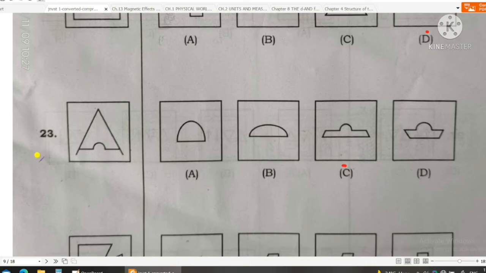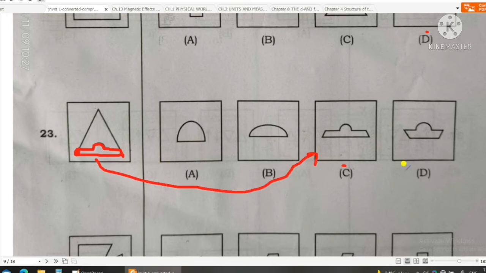Next, question number 23. Then here you can make a triangle. So for making this triangle, you just have to draw over this already given figure in this way. So you can see here the figure C matches with this. Figure D also looks similar, but it is totally different.